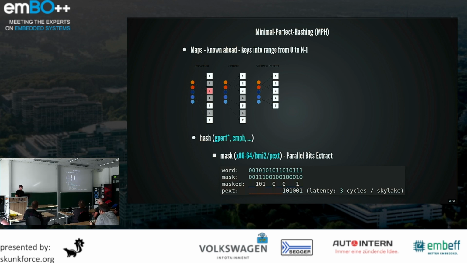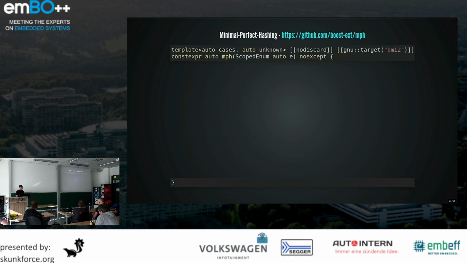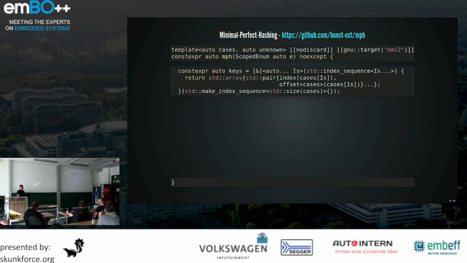And why that's useful, let's take a look. We'll consider here a new use case. And notice this GNU target BMI2, which enables a specific compiler architecture feature. Pretty cool. If you don't use it, I would advise it. We generate some keys, not that important with the index and offset. And we find the mask at compile time.